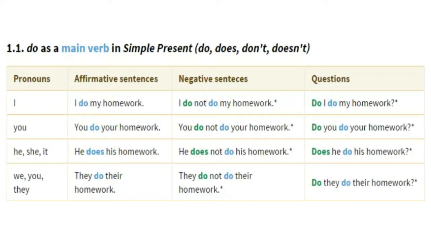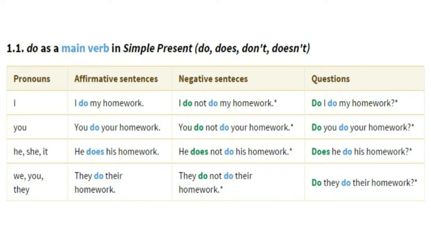Students, please observe the table very carefully. You have 4 columns. In the first column, it is the pronouns. The second column is the affirmative sentences. The third column is the negative sentence. And the fourth is the questions.